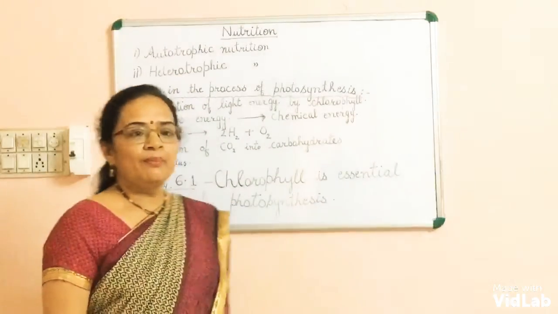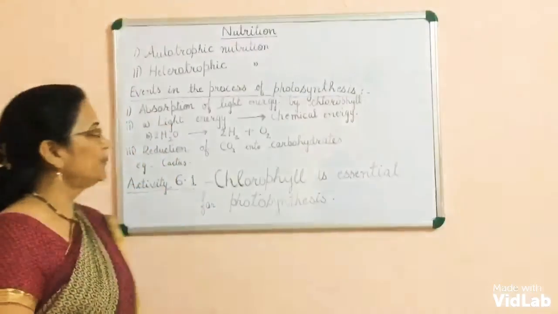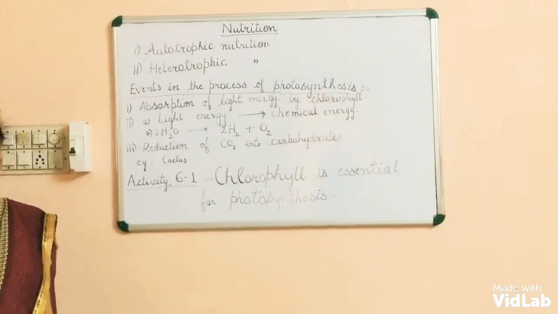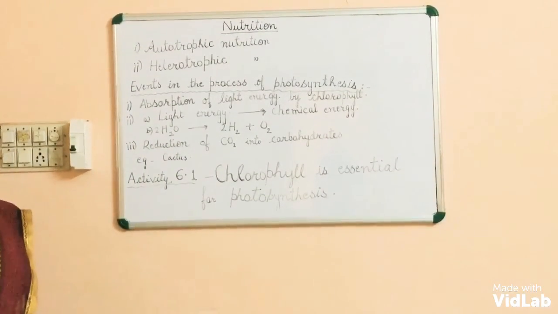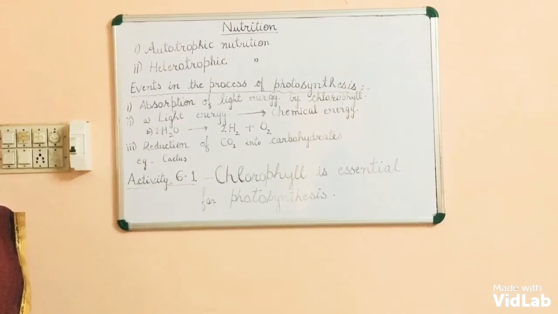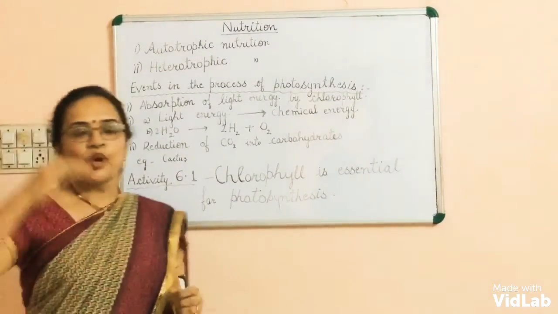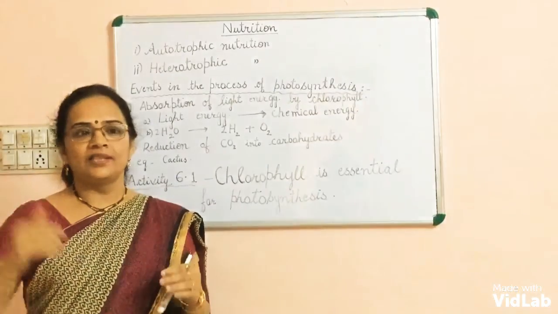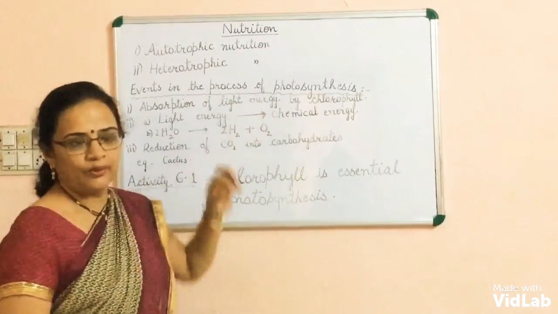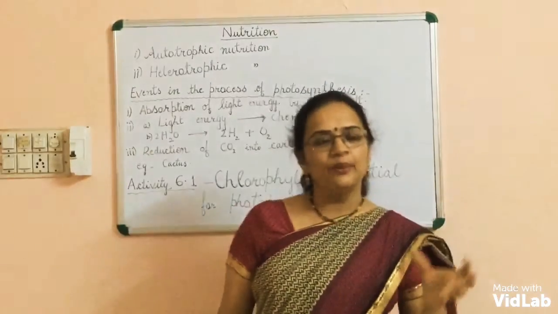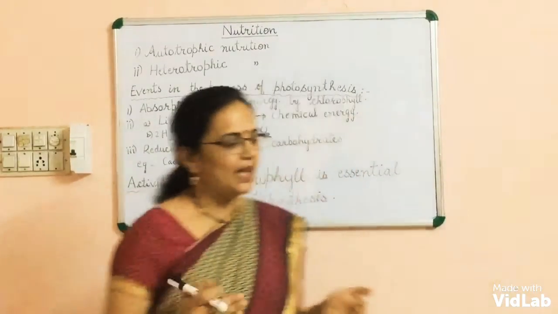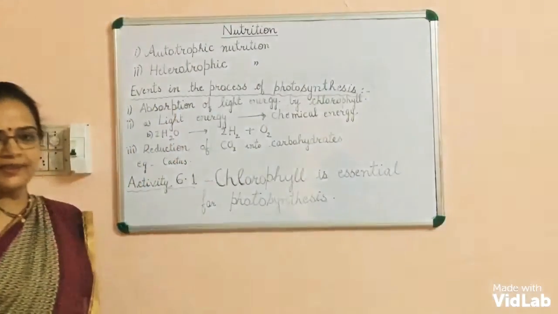Then what are the main steps in the process of photosynthesis? We will study three main steps. The first is absorption of light energy by the chlorophyll molecule. In plants, chlorophyll molecules are present. They absorb the light energy, and this is the first step.